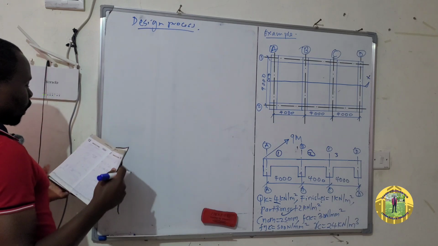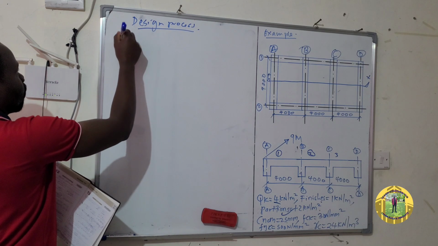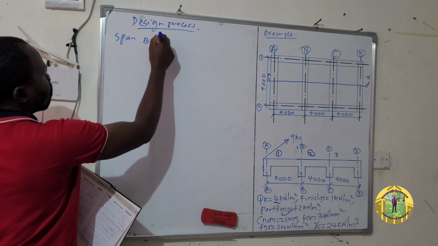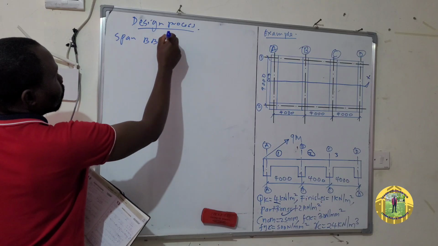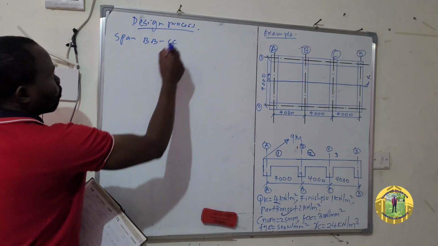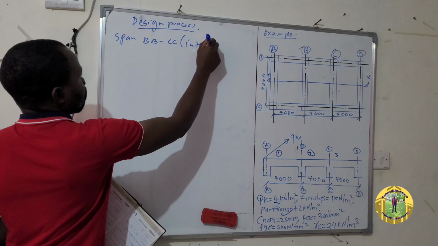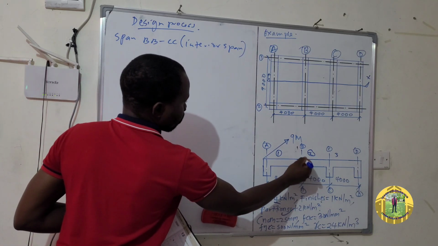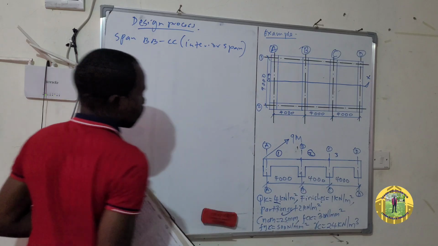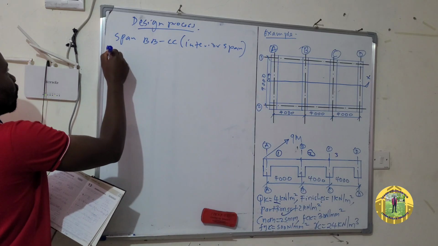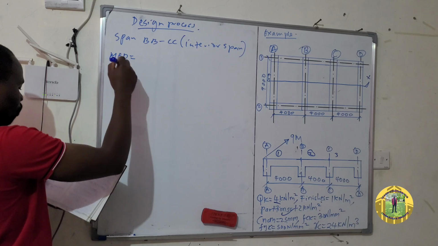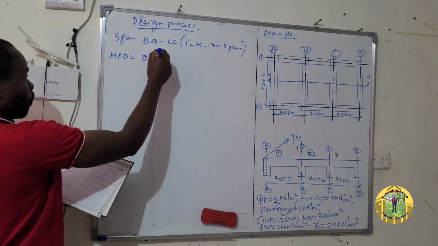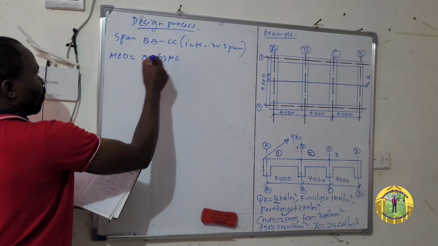We now proceed to span BC, the interior span, this one from here up to this point. For the interior span, MED, from the coefficient table, is given by 0.063 FL.